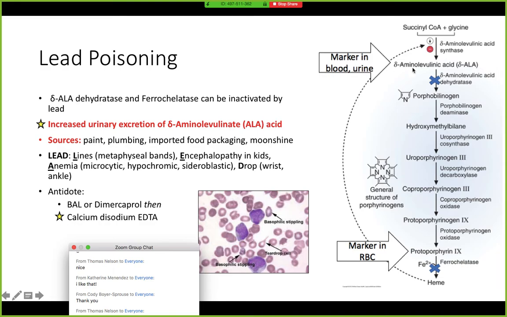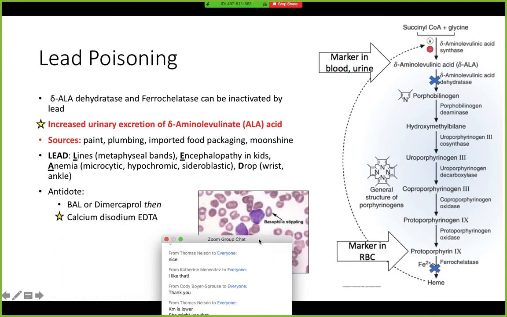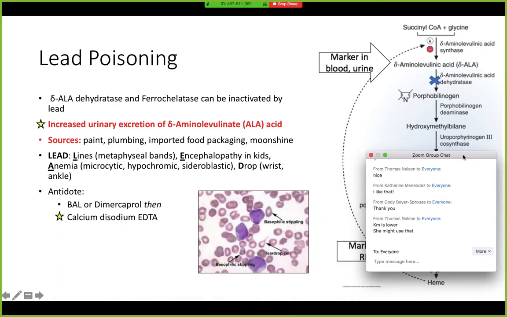In blood and urine, you're going to see an elevation in delta ALA, and the marker in the red blood cells is protoporphyrin 9. I'm pretty sure the question will be related to the fact that you're going to see increased urinary excretion of delta ALA.